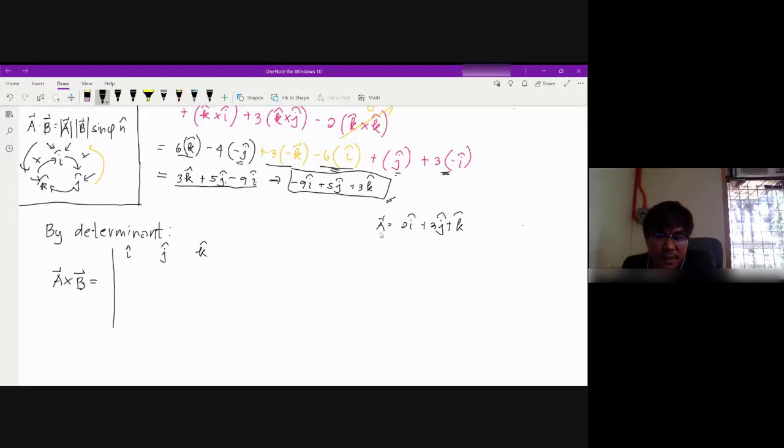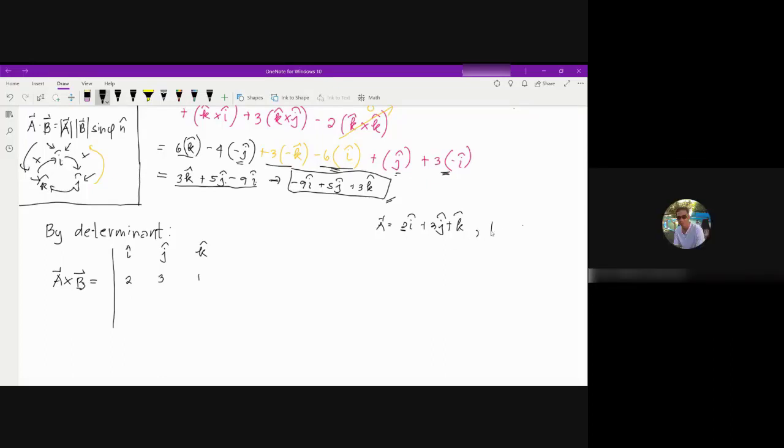Right? How do we get the components? The coefficient of its i hat is 2, so you have 2. And its j hat is 3, so you have 3. And its k hat is understood to be 1, so you have 1. Are you with me? Yes, sir.